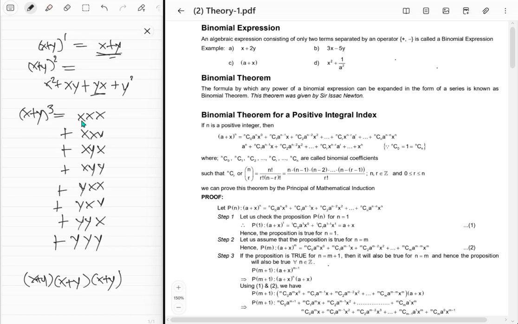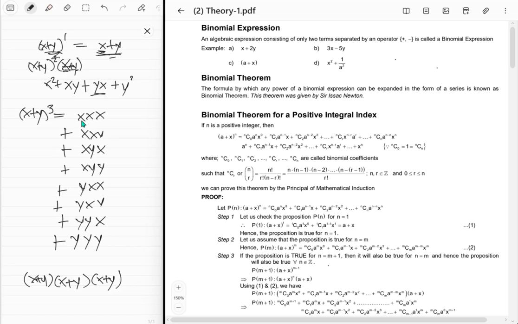So while doing that, what you are actually doing is that you are taking either x or y from this bracket, right? Specifically it's like (x plus y) times (x plus y). So you are either taking x or y from this bracket, and then you are multiplying this by either x or y from that bracket, and that generates a term, right?